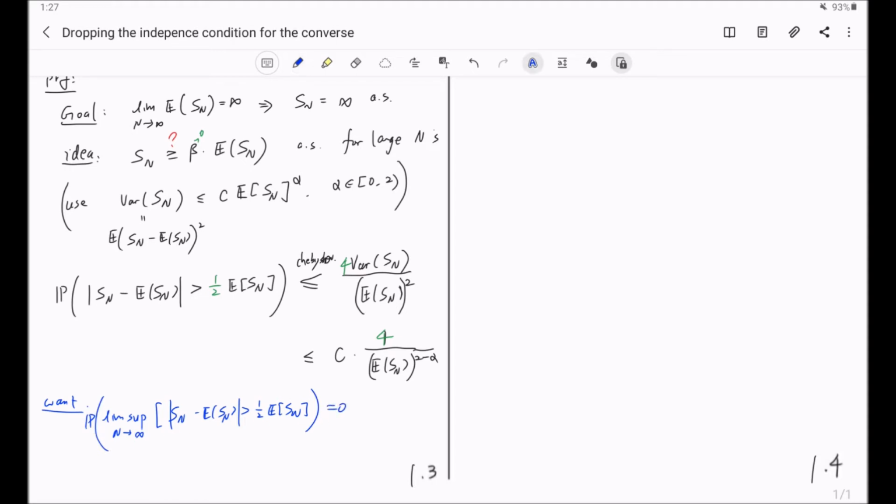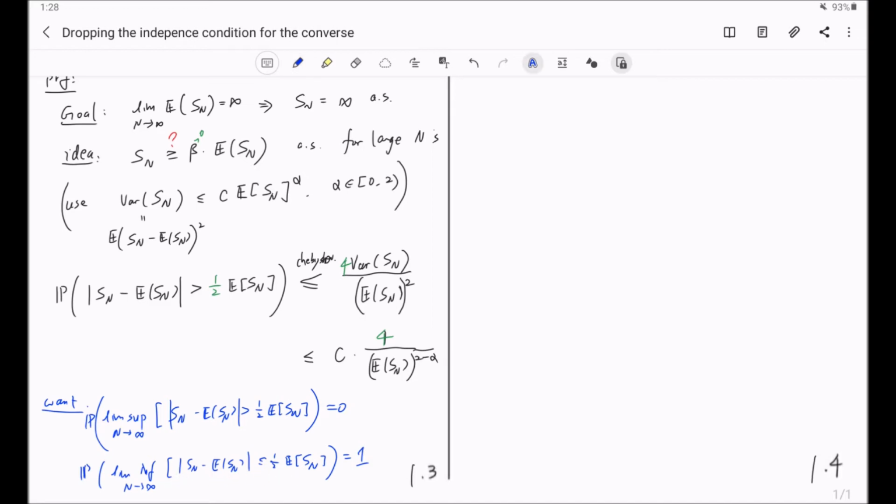Because if this happens, you will see the corresponding lim inf of the complement of this, which says this absolute value is less than or equal to half of the expectation, happens almost surely.